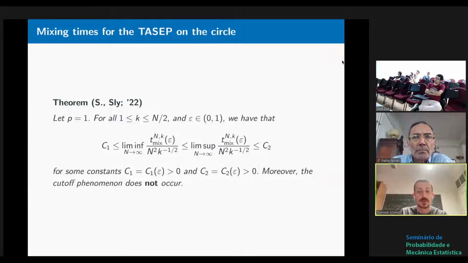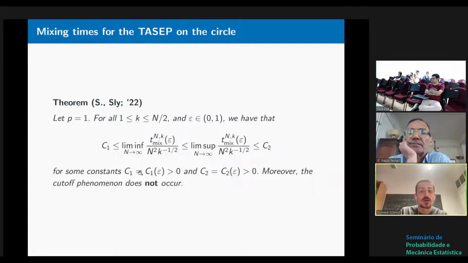Again, based on joint work with Allan Sly, namely for any k between 1 and n over 2, and any epsilon between 0 and 1, there exist some constants C1 and C2 depending on epsilon, such that in the leading order, the mixing time will be of order n squared k to the minus a half.